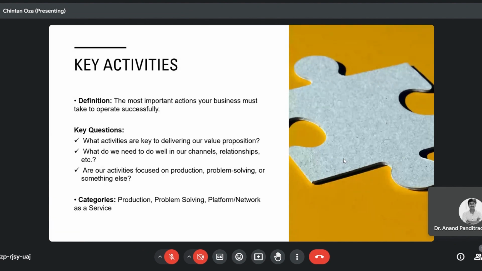Next pillar, key activities. The definition says the most important actions a business must take to operate successfully. What key questions must we ask?